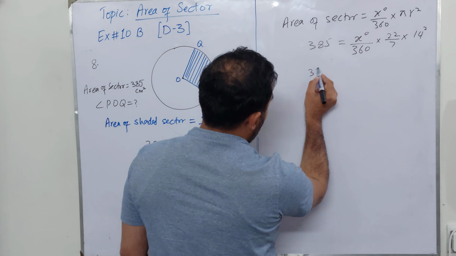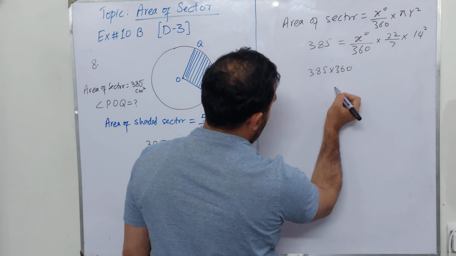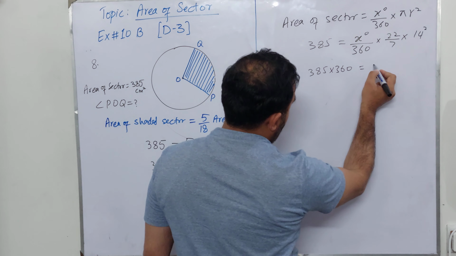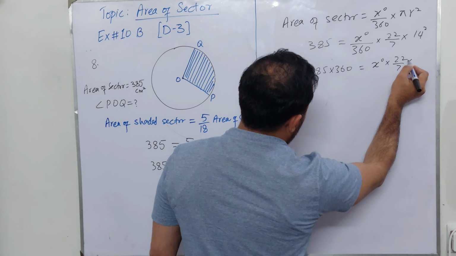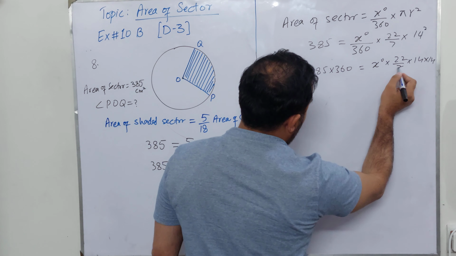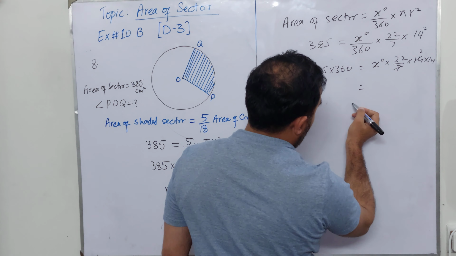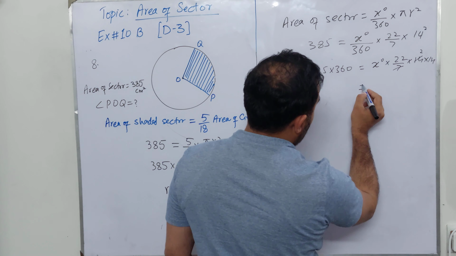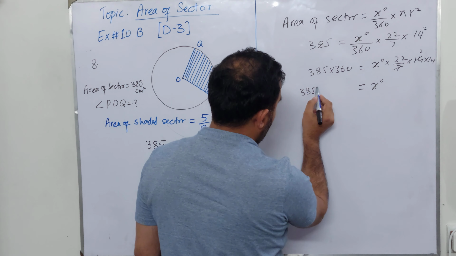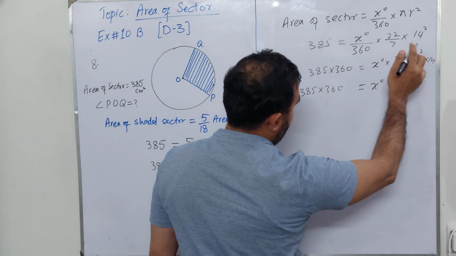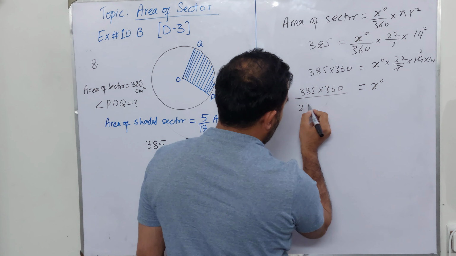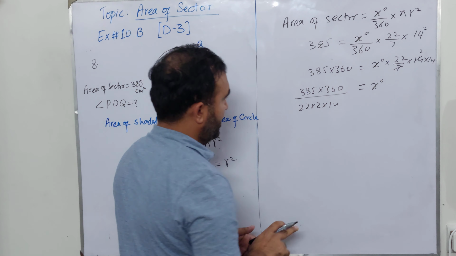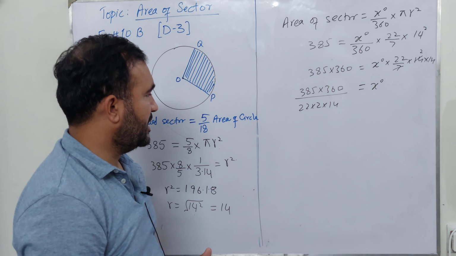So this 360 will become 385 multiply 360, okay? And the angle, and this 22 by 7 into 14 into 14, because it's square, right? So it's 2, okay? So angle x is equal to 385 multiply 360, and shift these 22, 2 and 14 to this side, so it will be 22 multiply 2 multiply 14 in the denominator, and just use a calculator, you will find this angle in one step.